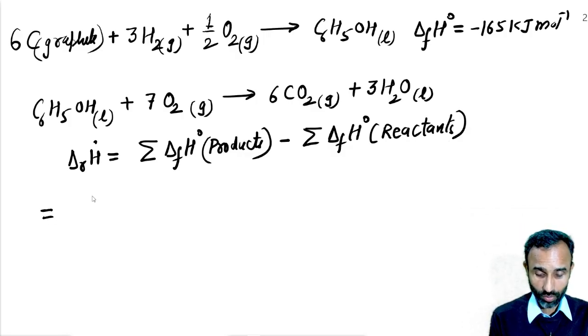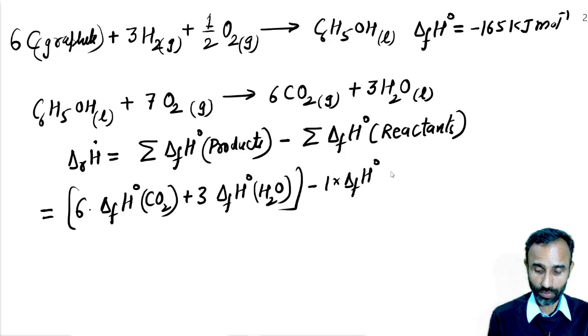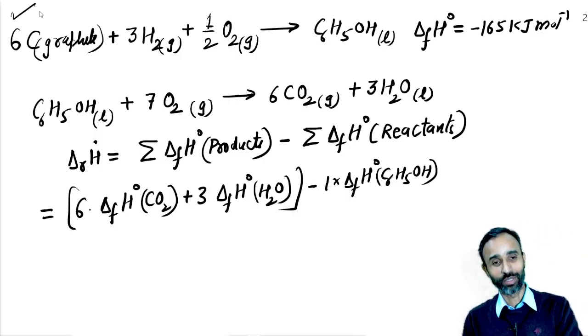So now it is 6 into standard enthalpy of formation of CO2 plus 3 into standard enthalpy of formation of H2O minus 1 into standard enthalpy of formation of phenol. That means there is no need to write this equation, but anyhow, it is good for you.